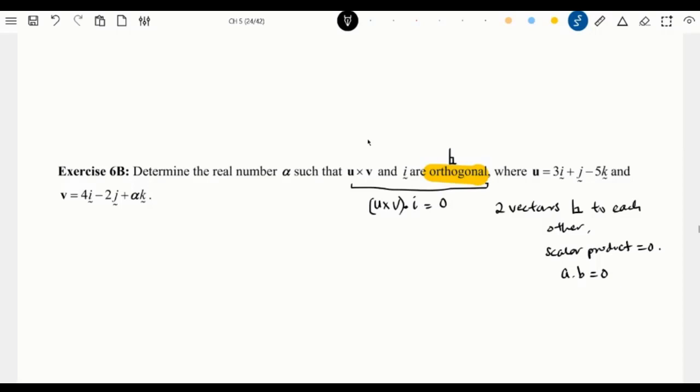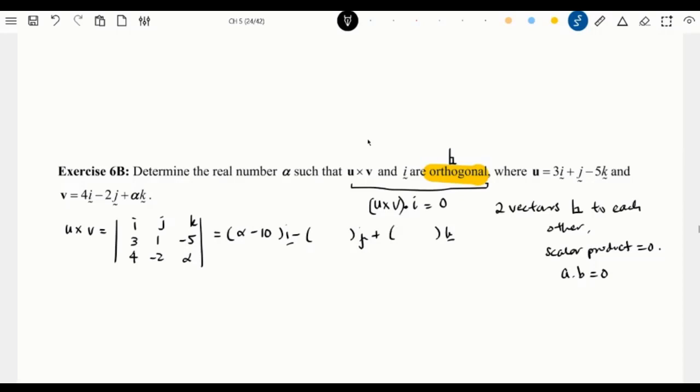Okay. So first thing you have to find U cross V. So U cross V will be in determinant. So 3, 1, negative 5, 4, negative 2, alpha. Okay. I dia apa? Alpha minus 10. Okay, alpha minus 10.